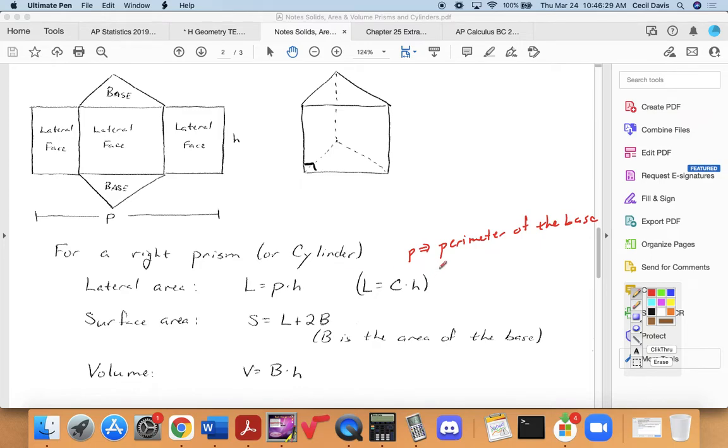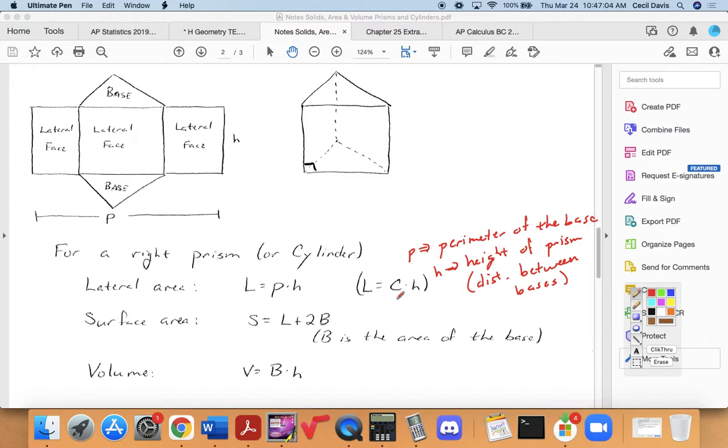And then the H here is the height of the prism. And the height of the prism is the distance between bases. How far is it from one base to the other base?